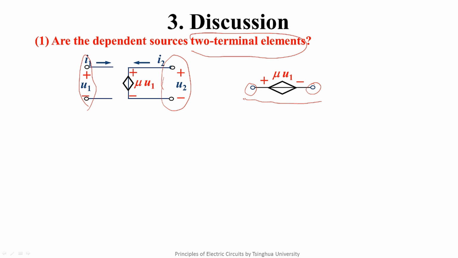Although we often see it like this in the future, we should remember that it is a controlled source. The controlling variable is in a certain part of the circuit, that is a voltage. So it must be a four-terminal element.